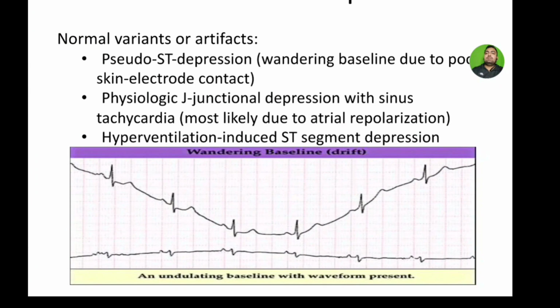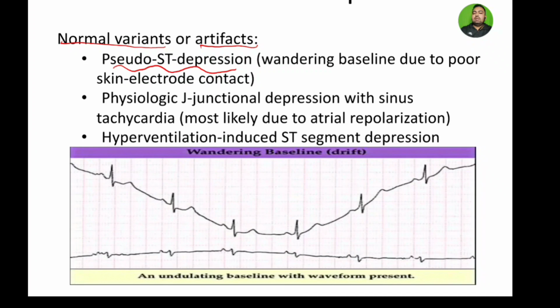Now let us see the differentials of ST segment depression. It can be either a normal variant or an artifact. Pseudo ST depression can be because of a wandering baseline due to poor skin to electrode contact. There can be physiological J-junctional depression with sinus tachycardia, most likely due to atrial repolarization.